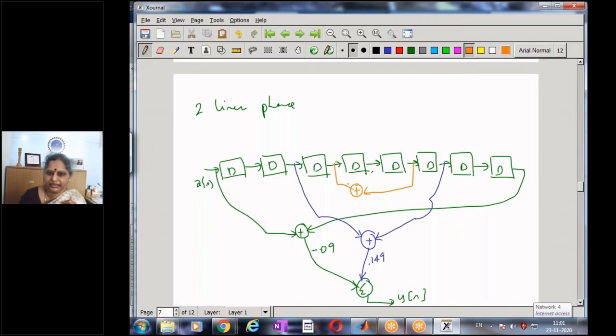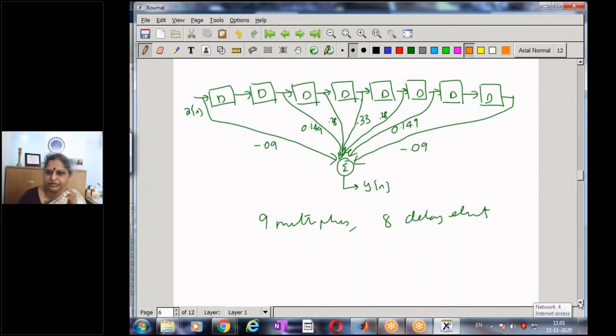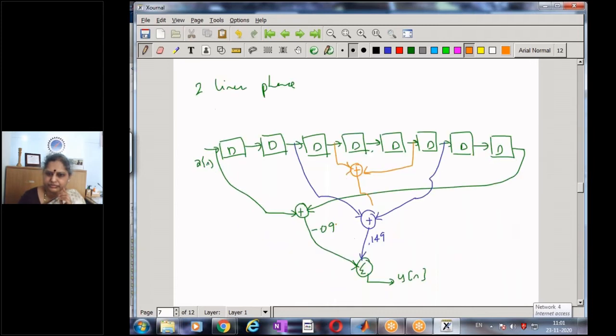The next, if I take the next, they both had an identical branch gain of, I think, 0.22, 0.28. So this had a branch gain of 0.28, and then the central value had a branch gain of 0.33.